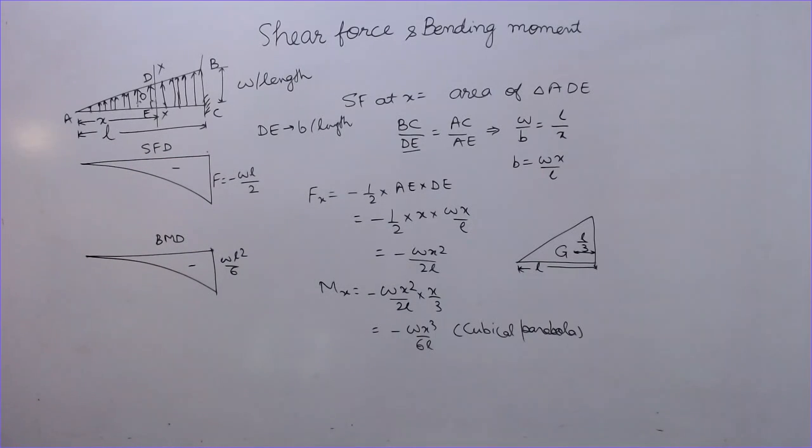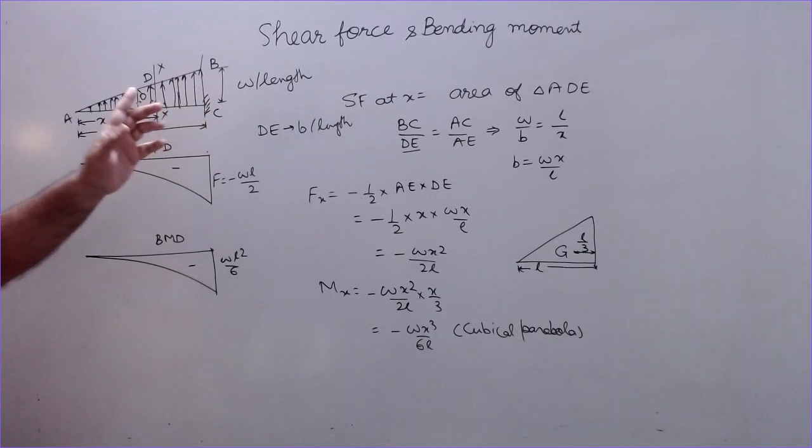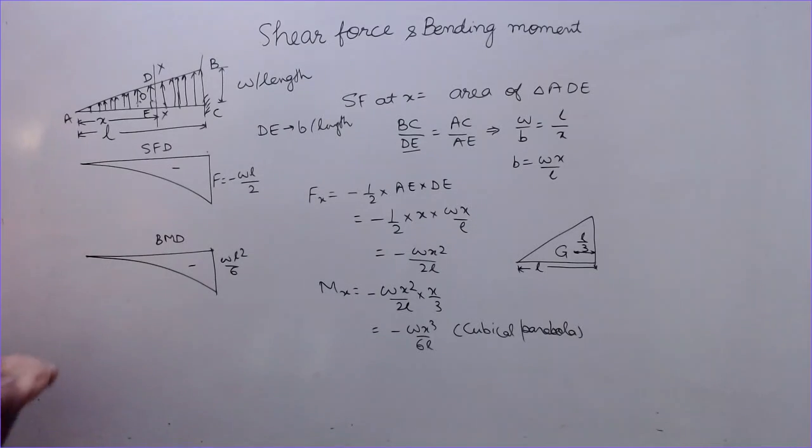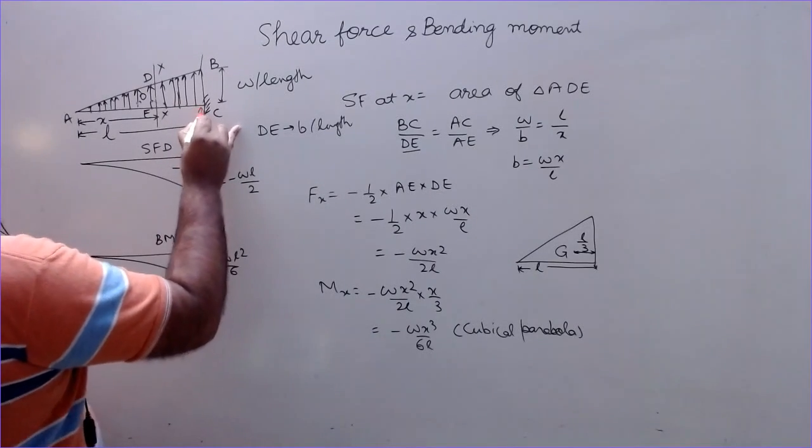You can also calculate the fixing moment and the fixing reaction at the fixed end. The fixing reaction will be equal to the total load. Total load is equal to the area of this triangle. So if I calculate the total load here, this is the fixing reaction.